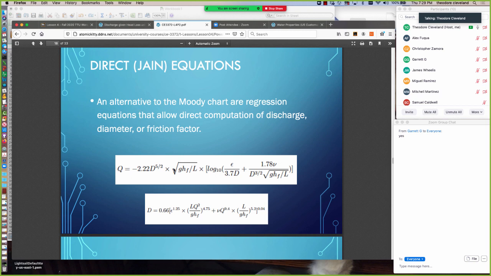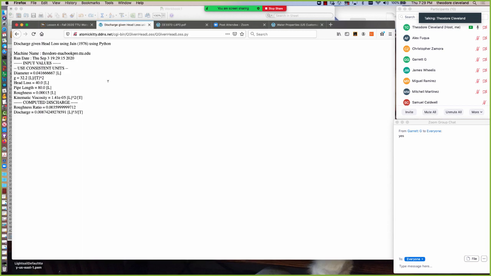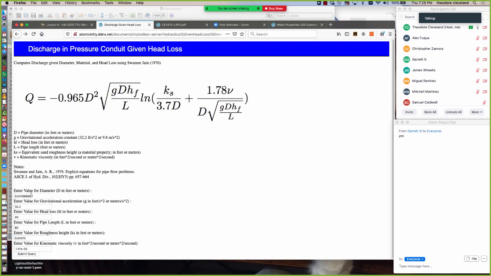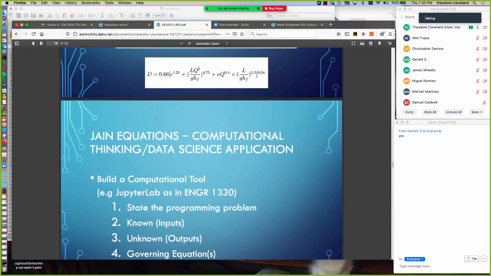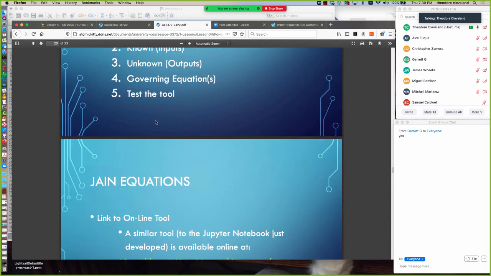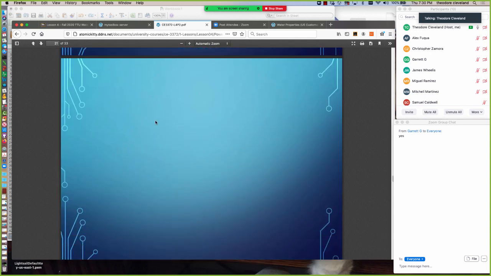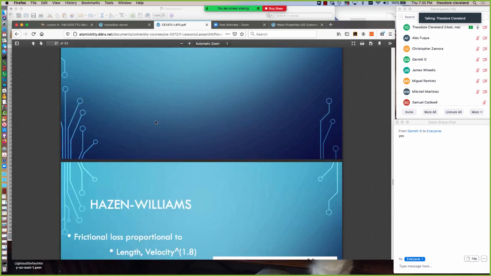And all it does is implement this equation. But it only gives us 6 ways to make a mistake, instead of all the square roots and squaring and logs of stuff to make a mistake. And so we basically have just worked through the online tool, and we move on to the next one, the Hazen-Williams equation.